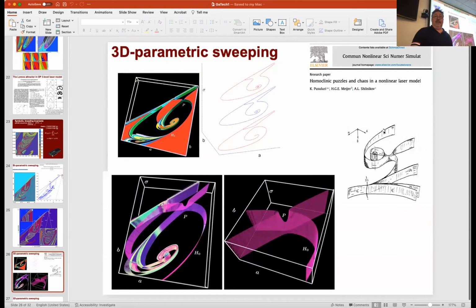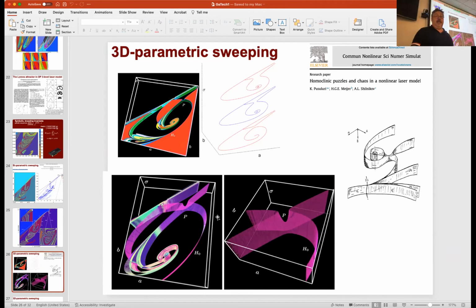In an old paper published in 1992, I sketched what the role of the saddles is. The saddles basically redirect this bifurcation diagram in three-dimensional space. And Krishna numerically reconstructed my hand drawings, as you can see, just as I envisioned them.